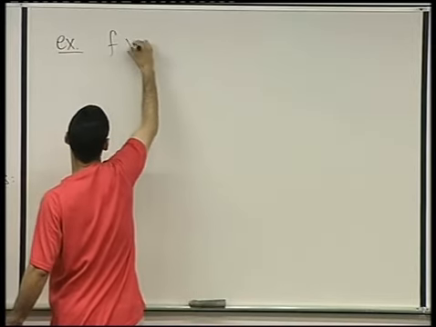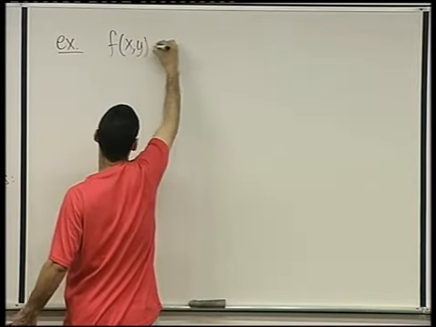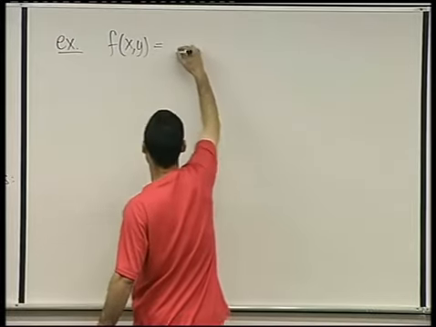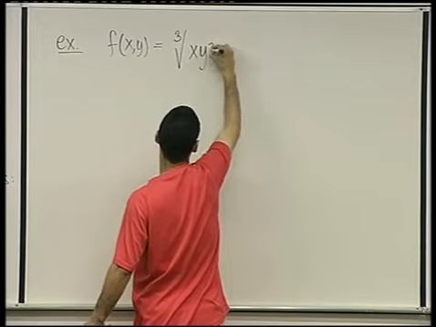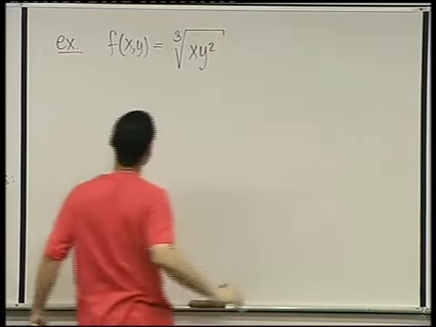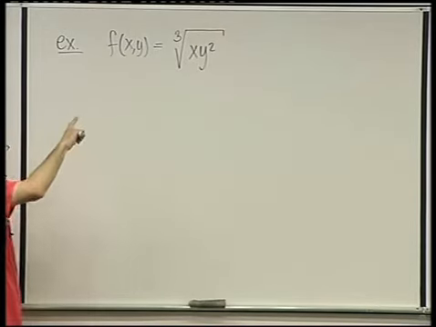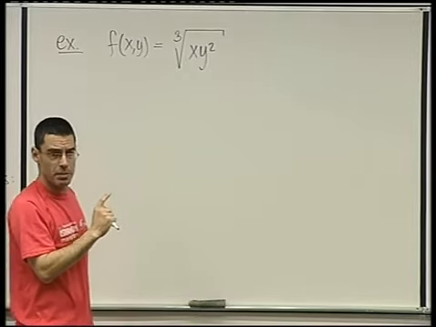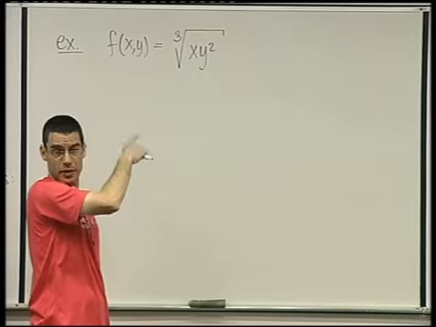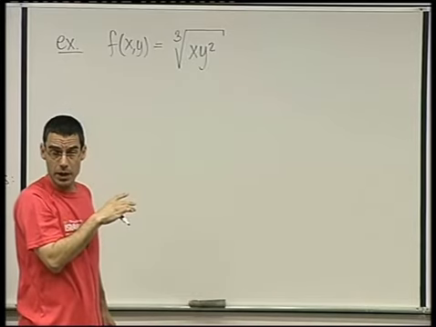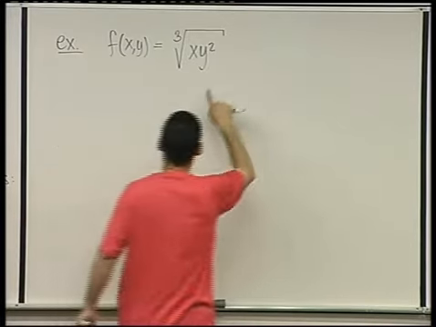Let's look at f(x,y), which equals the cubic root of x y squared. Note that in contrast to most of the examples that we looked at so far, this doesn't have the cases, right? It's not defined differently at 0. And that should make you suspicious.